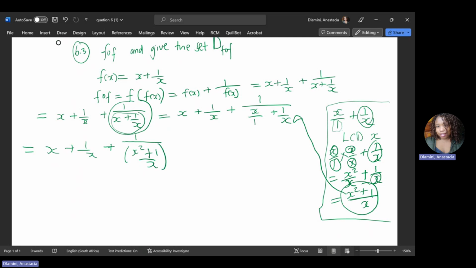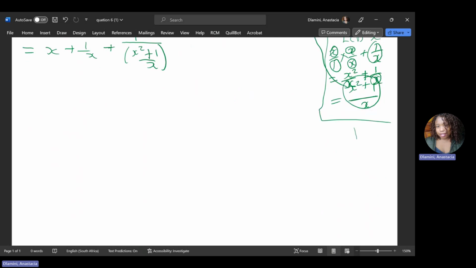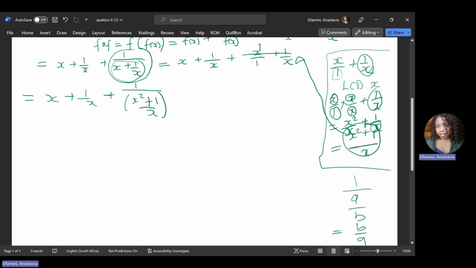Now we know that if we have 1 over a over b, this becomes b over a. So this term changes. This is equal to x plus 1 over x plus x over x squared plus 1.